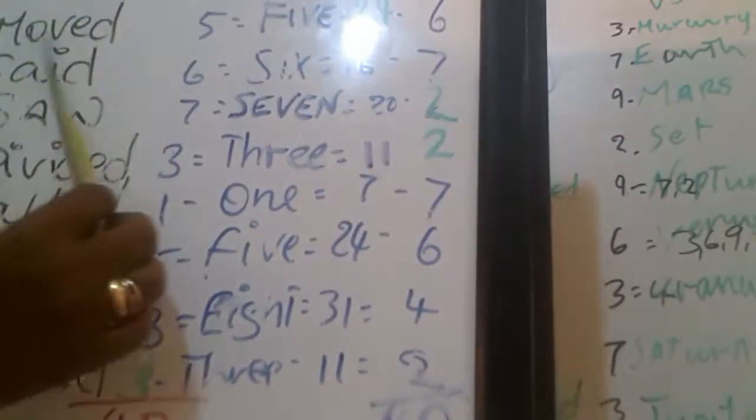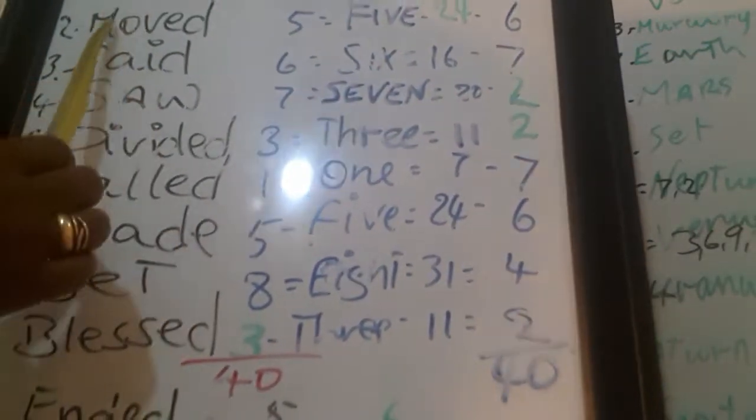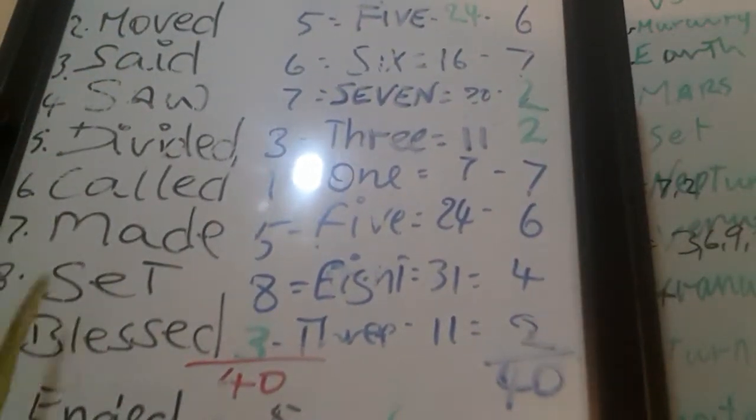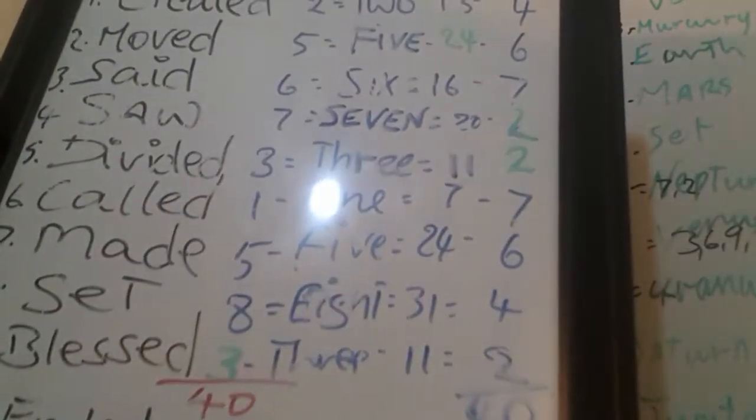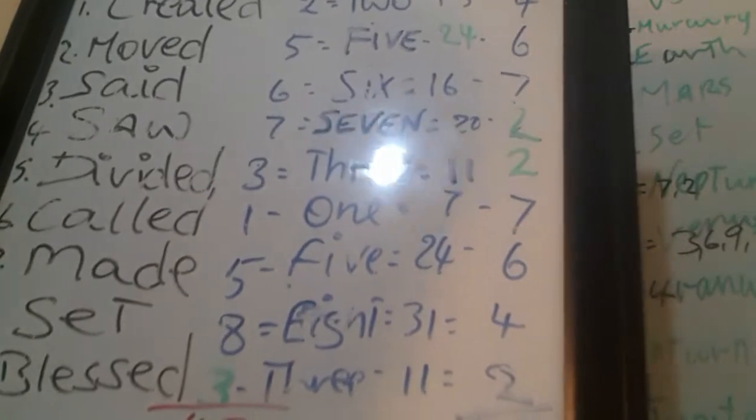Okay, so I'll go over this again just in case you missed it. So among these that we have done here for the gods, which is the created God, the moved God, and so on, it seemed to correspond with the same numbers that we have got from numbers 1 to 9 when we do the numerical form for them.